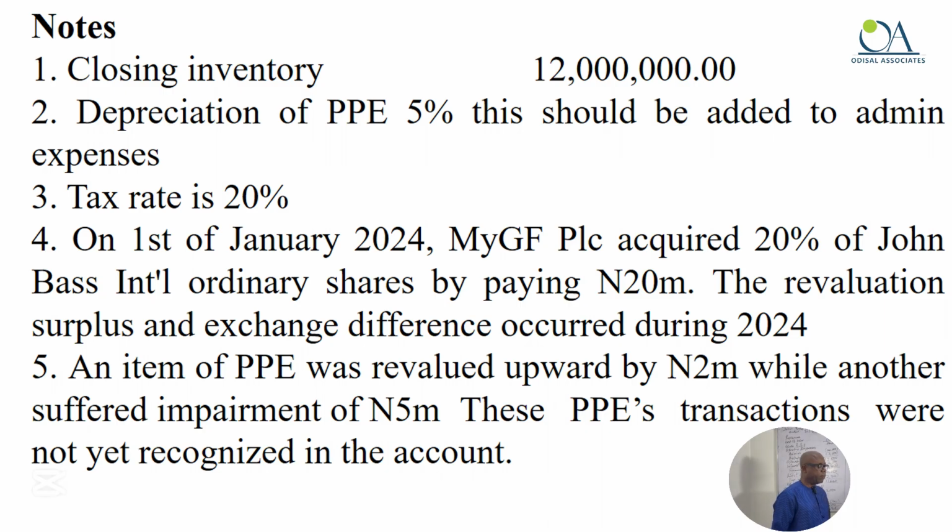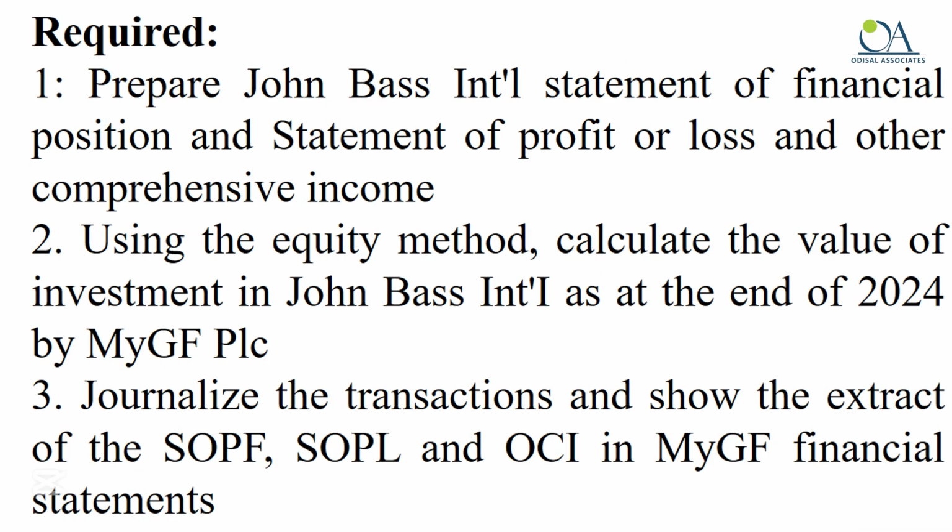An item of PPE was revalued upward by 2 million, while another suffered impairment. These issues in PPE were not yet recognized in the account. Required. 1. Prepare John Barr's International Statement of Financial Position and Statement of Profit or Loss and other comprehensive income. 2.